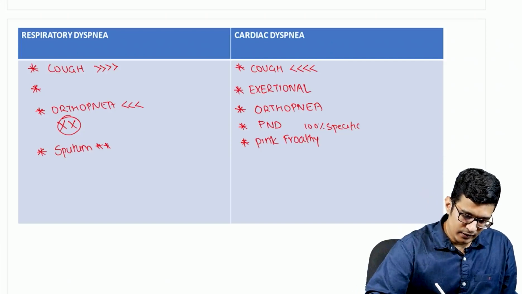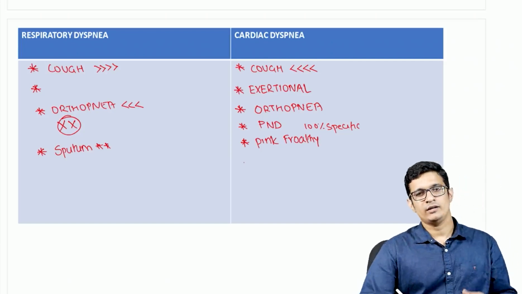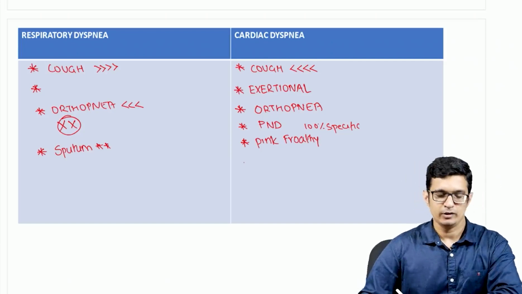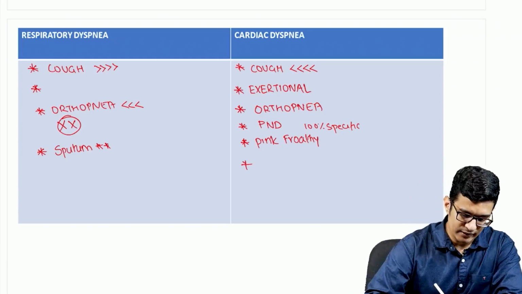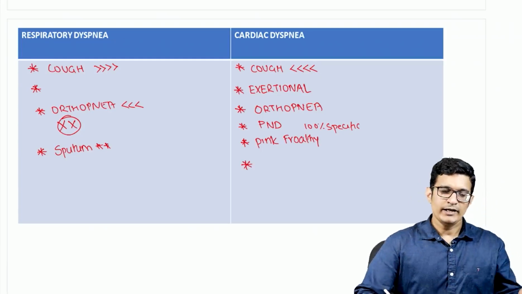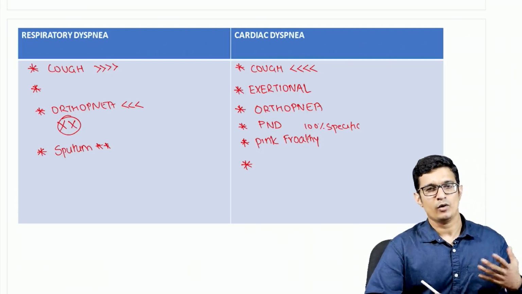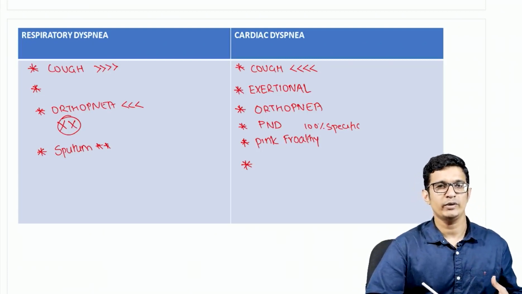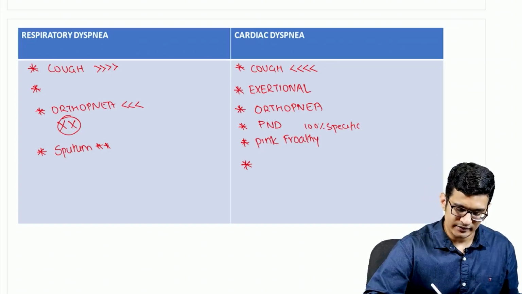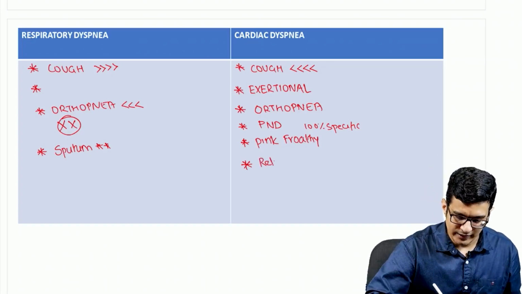The other historical point that you need to understand is that cardiac breathlessness is caused as a result of accumulation of fluid and left heart failure. This dyspnea is relieved by taking diuretic injections or tablets.